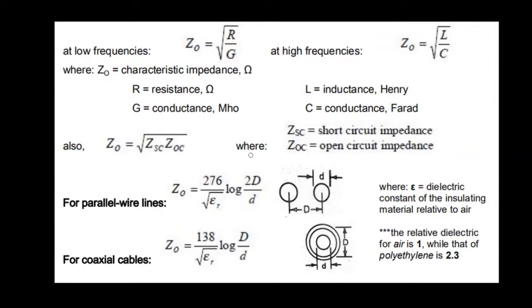But the most important equation is for parallel wire lines, which includes your twin lead and your UTPs, your twisted pair wires. And for coaxial cables, you have this value. You will be given the dielectric constant, with the symbol.